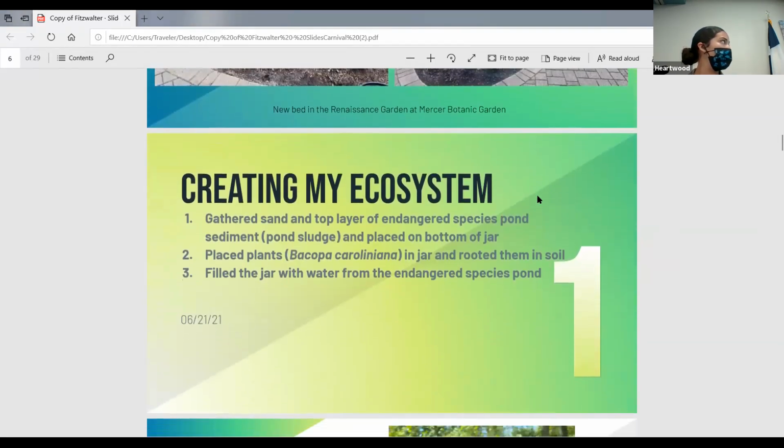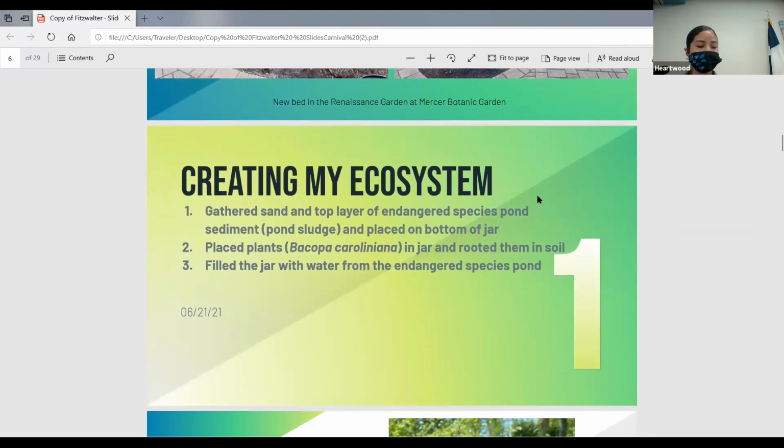So going further into my project, I had an interest in aquatic science, and I had an interest in all the ponds in the garden. And I wanted to see if I could replicate the life in the pond inside of a smaller size, which is my jar.